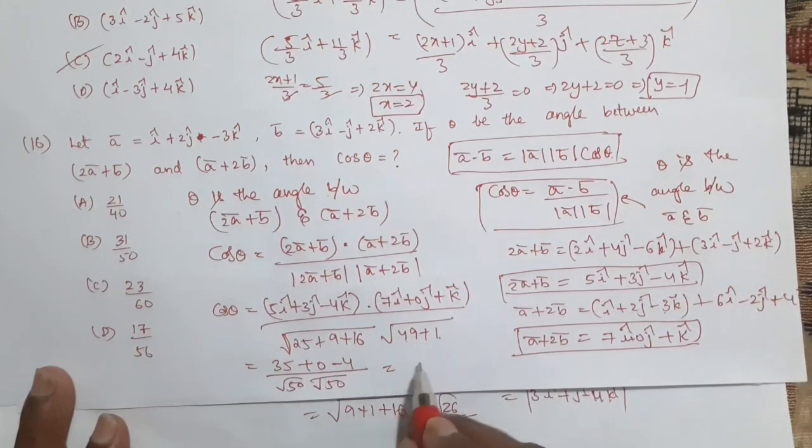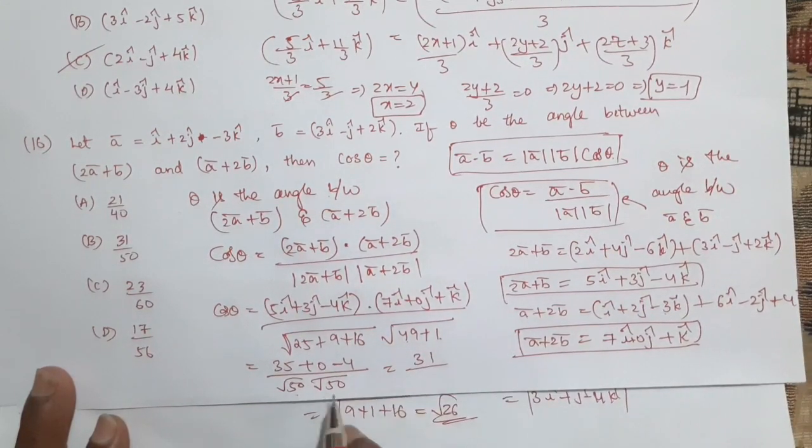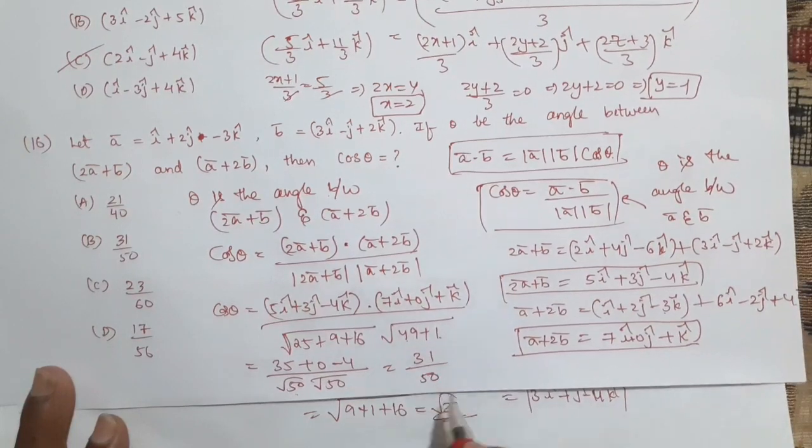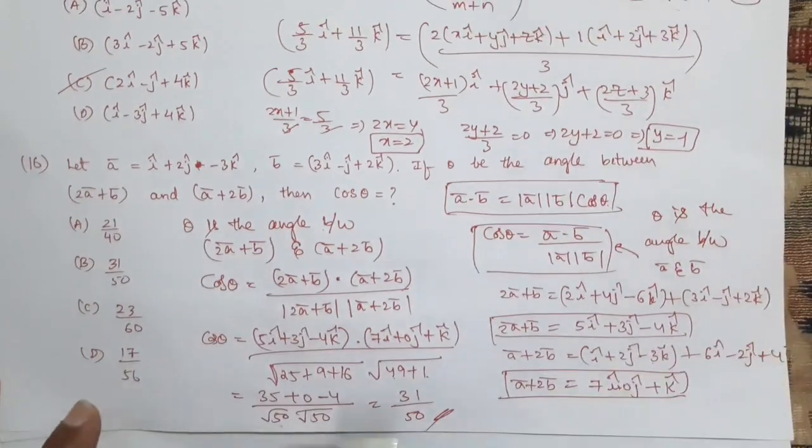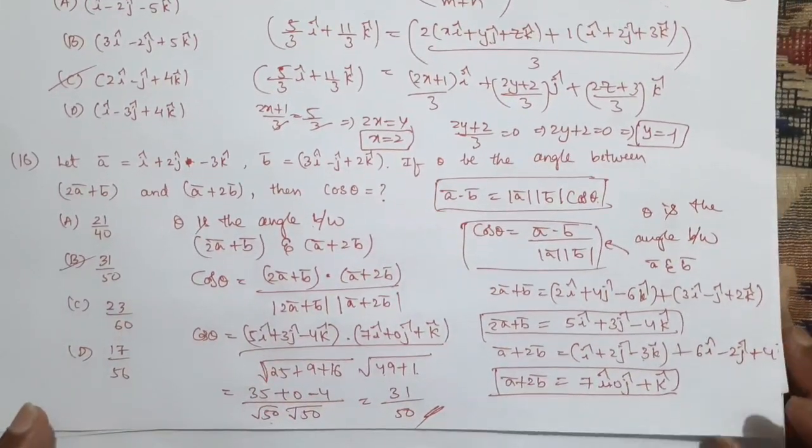So 35 minus 4 is 31, divided by square root of 50 into square root of 50, which is equal to 50. So this is the answer, which is option B.